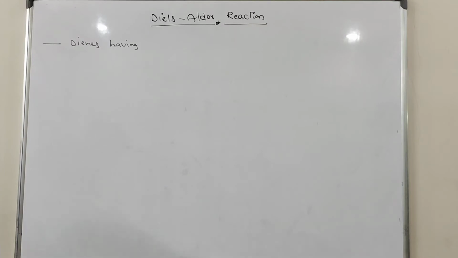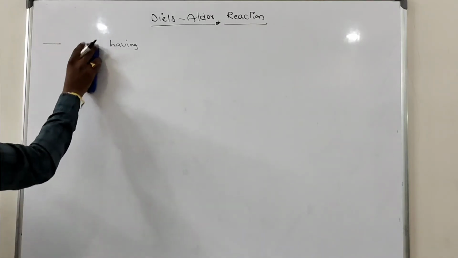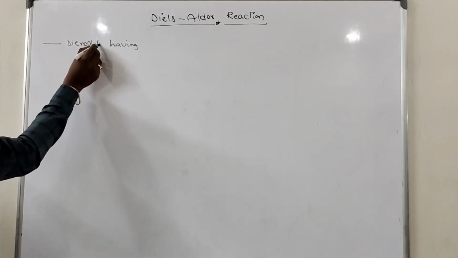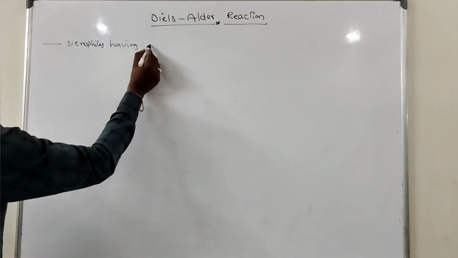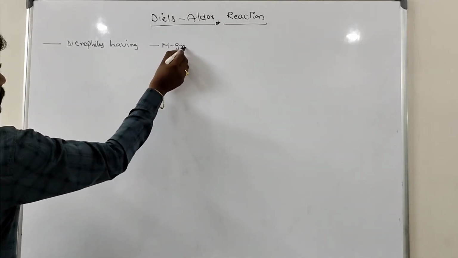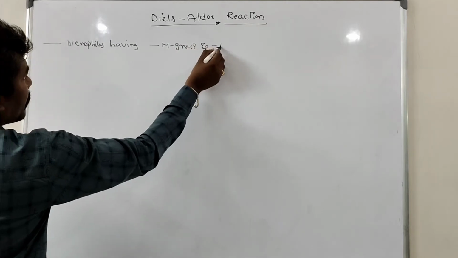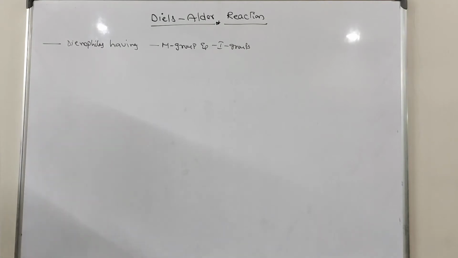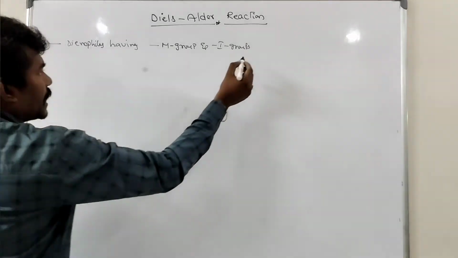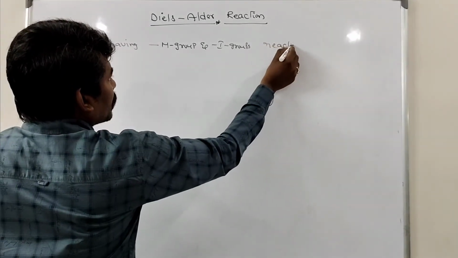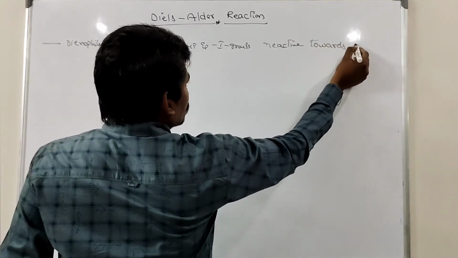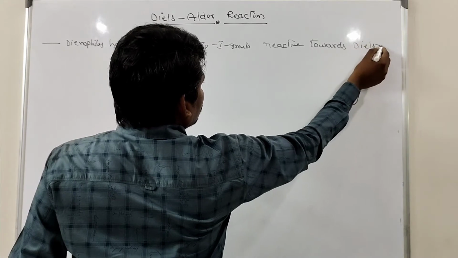The dienophiles having minus M group and minus I group are very reactive towards the Diels-Alder reaction.